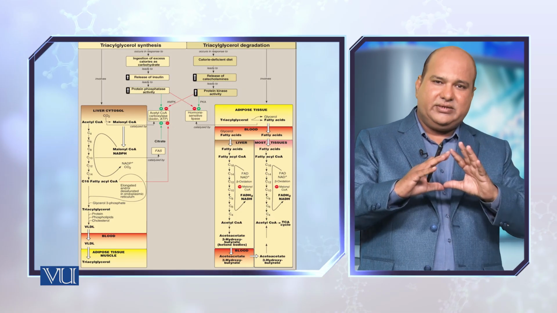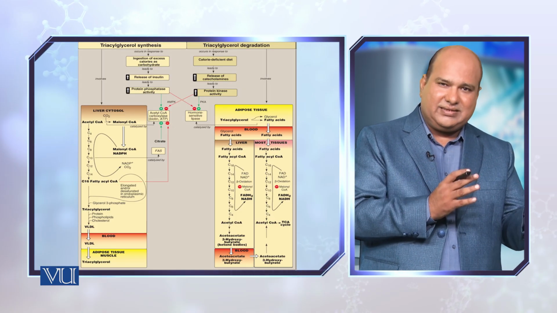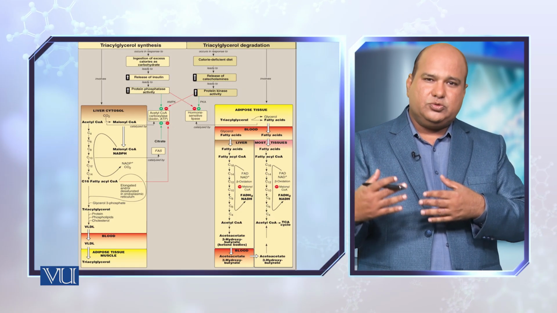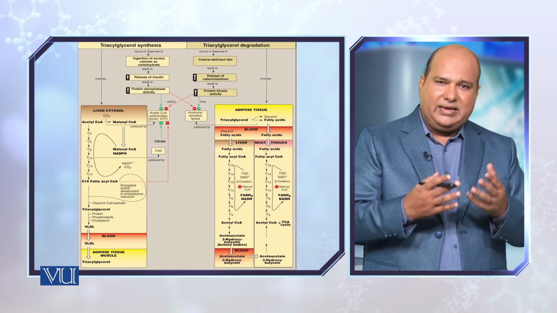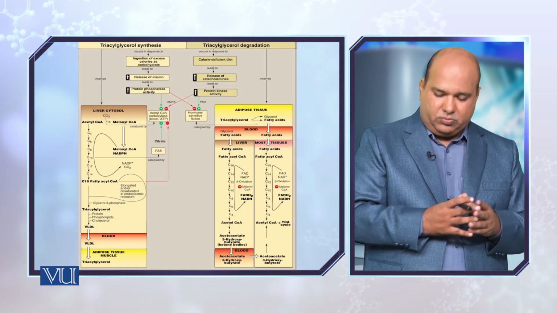So this is how triglycerides are synthesized and how they can be used, either in the Krebs cycle as acetyl CoA or as ketone bodies.